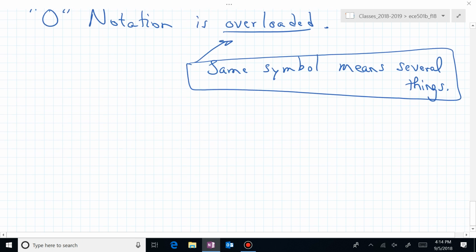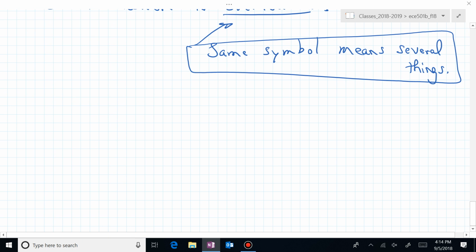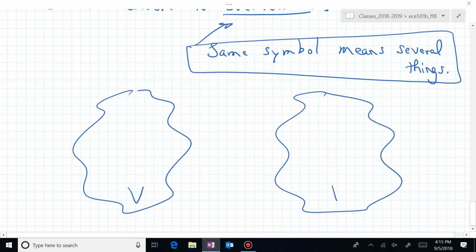For example, if we go to our picture of what we have, here's V, and here's W. And now if we go through the 0 map, I could go here from, let's say, this vector v1.